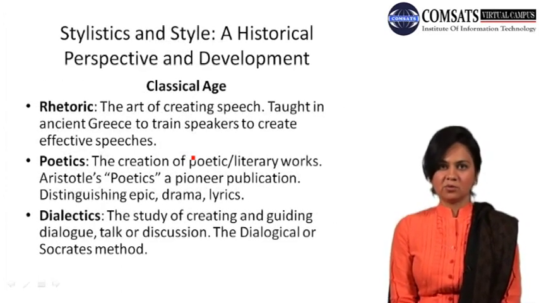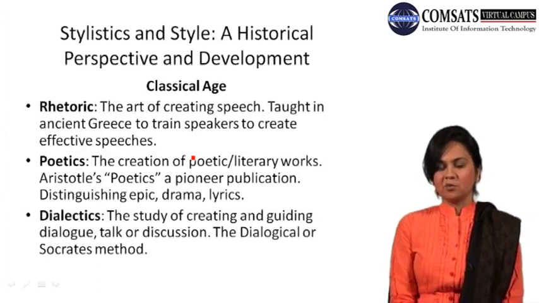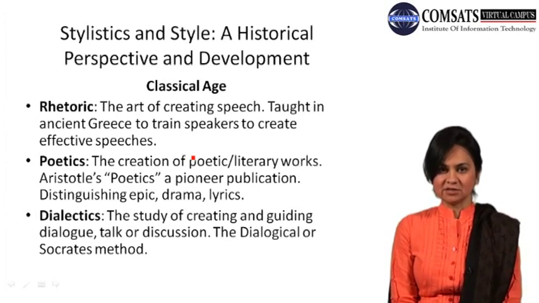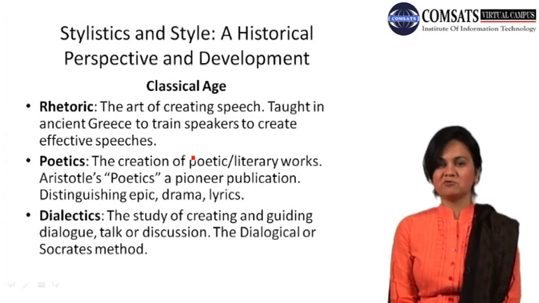Now that we know what stylistics is and what is there in stylistics that links it to literature as well as linguistics, and more specifically what links it with literary criticism and linguistics, we can move forward to the understanding of the history and the development of the subject of stylistics.